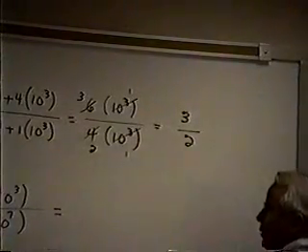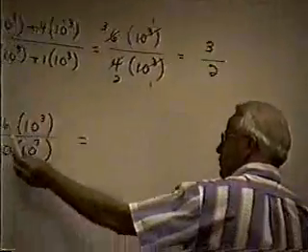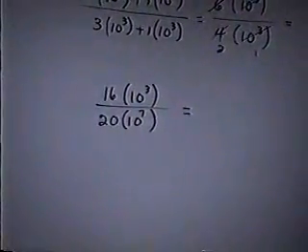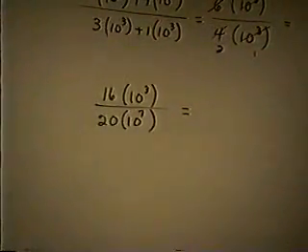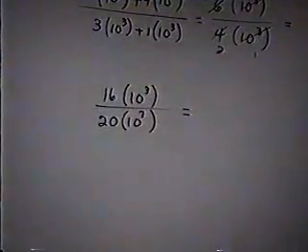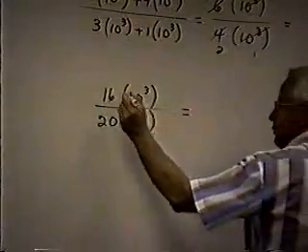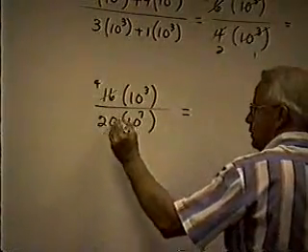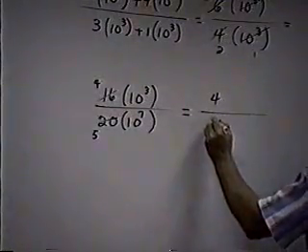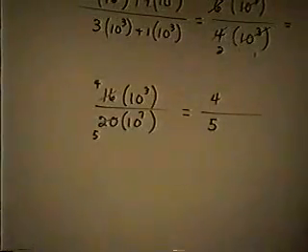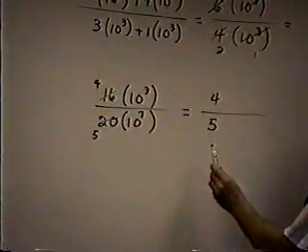All right, now let's look at another one. We have 16 times 10 to the 3rd over 20 times 10 to the 7th. So let's see, well, we do our numbers. See, 4 going into this 4 times, 4 going into this 5 times. So over here, we're going to have 4 over 5. Uh-oh, these aren't the same.